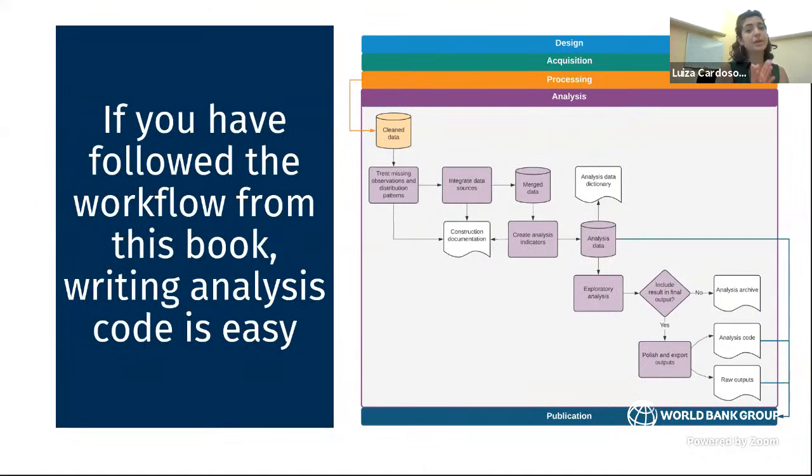This chapter is divided into 4 sections. The first one is on data construction, the second one on data analysis, the third one on creating research outputs, and the fourth one on using dynamic documents. You see that this presentation is particularly focused on construction, and this is because construction is where mistakes are most likely to happen.